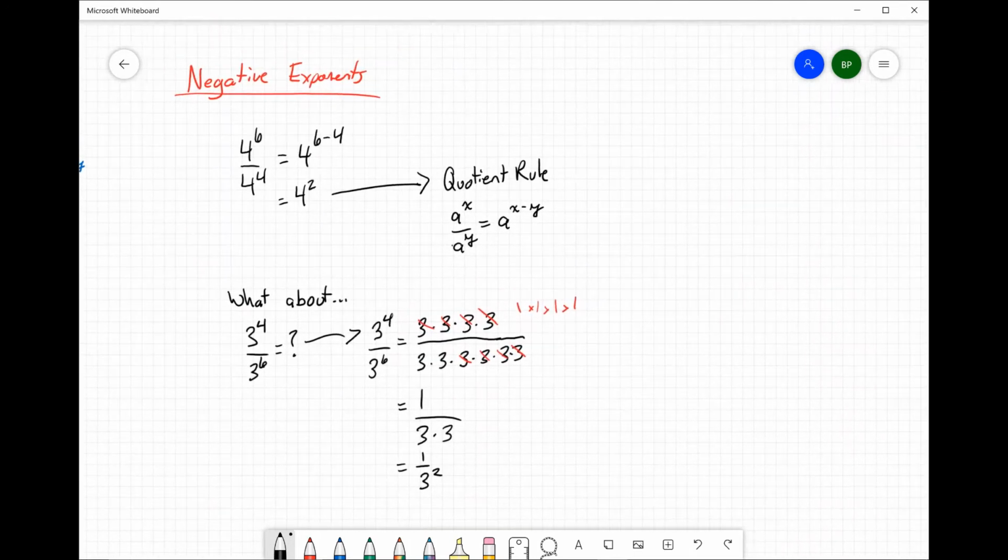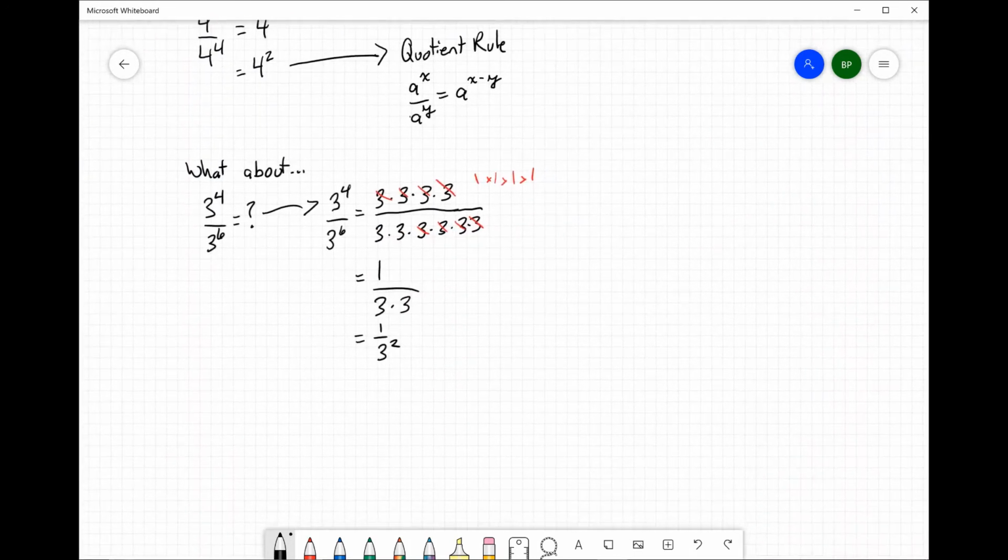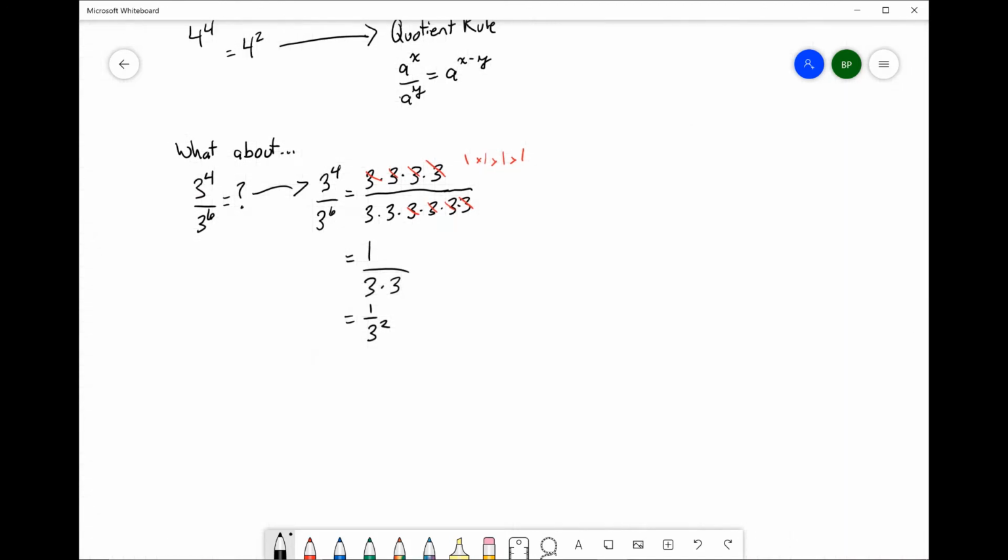Well, if we use our quotient rule to approach this problem that's written right here, then it should tell us we can subtract the exponents. So 3 to the power of 4 divided by 3 to the power of 6 should equal 3 to the power of 4 minus 6.